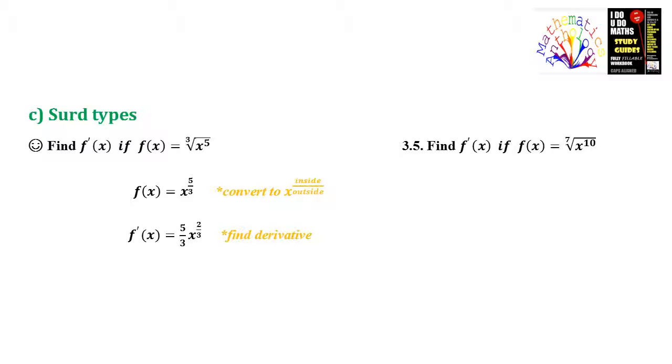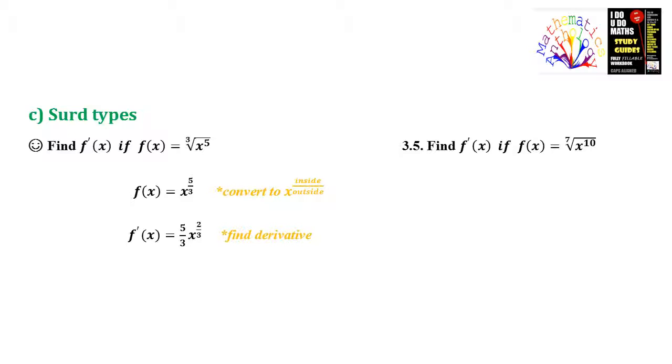The next one, third type. Find f prime x if f of x is equal to the cube root of x to the power of 5. When you are working with surds in calculus, it is always handy to change your surd to exponent form. We have done this previously, but it's very simple.